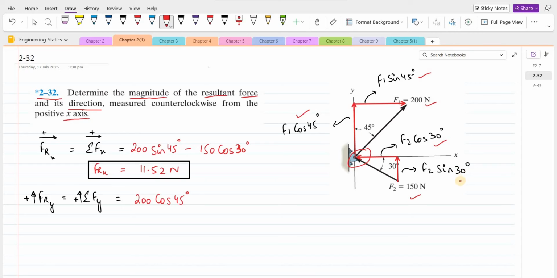And we also have F2 sin 30, so it's positive 150 sin 30. Upon simplification, Fry comes out to be 216.4 newtons.